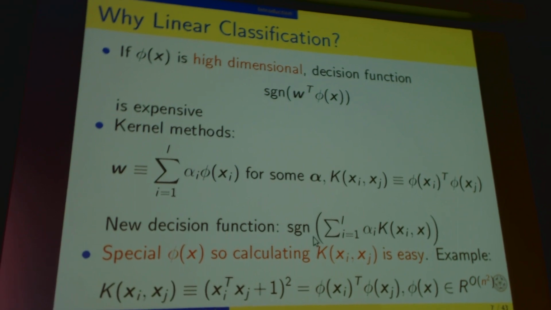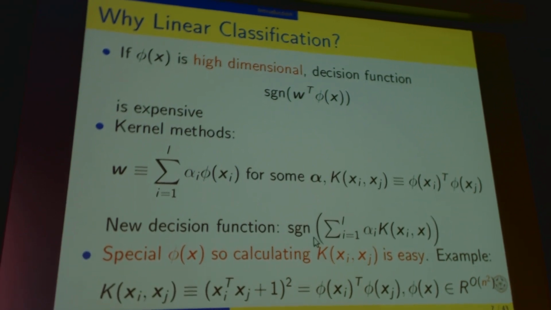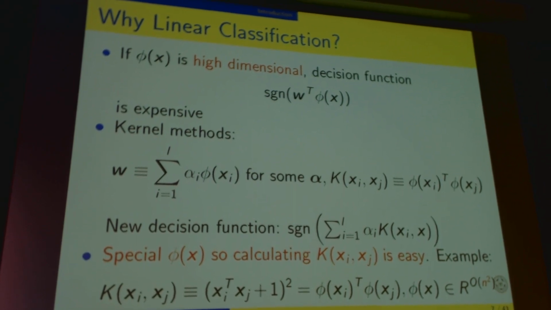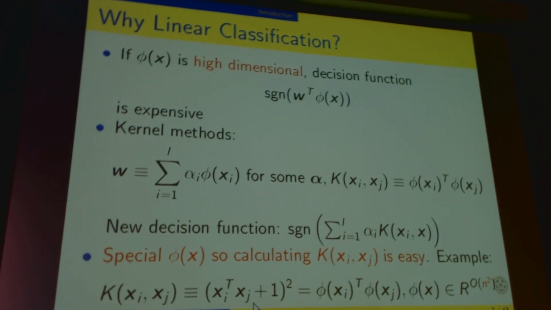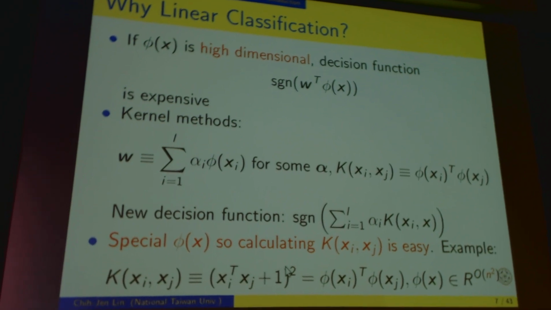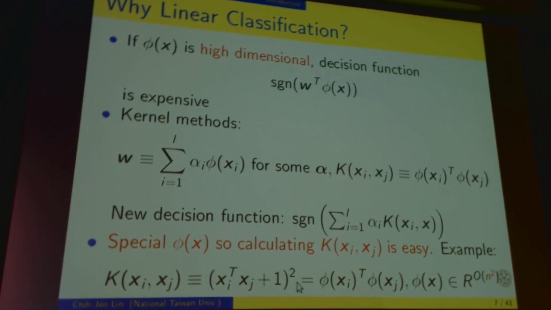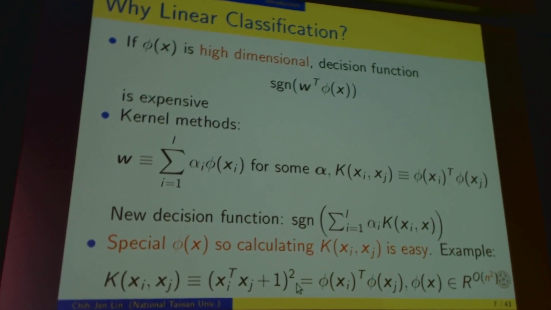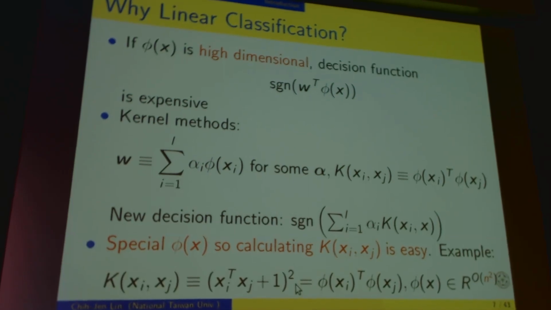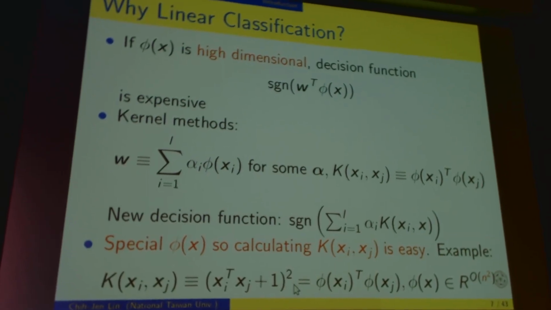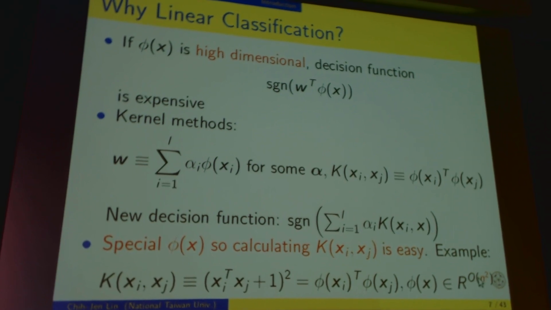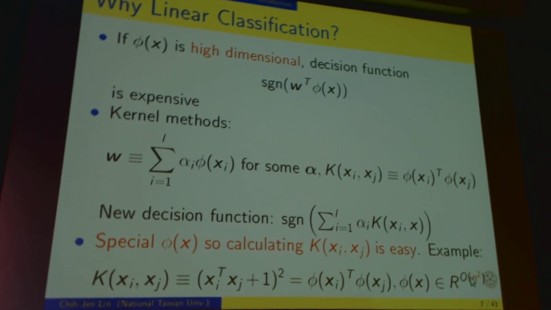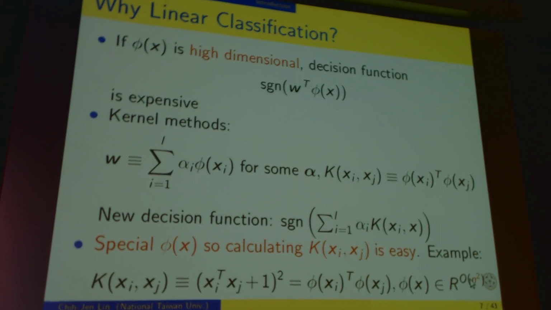To make this work, you want each kernel element to be easily calculated, so you use a special mapping function. An example is this degree 2 polynomial kernel. If we write k of xi xj as the square of xi transpose xj plus 1, this is actually the inner product between two vectors, where each one is in n squared dimensional space, and n is the dimensionality of the original input space.